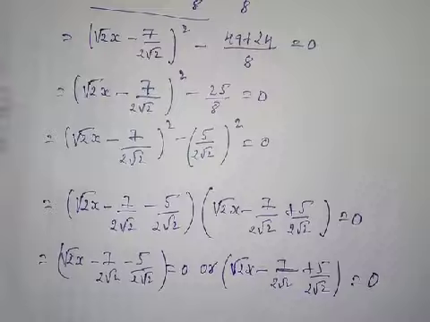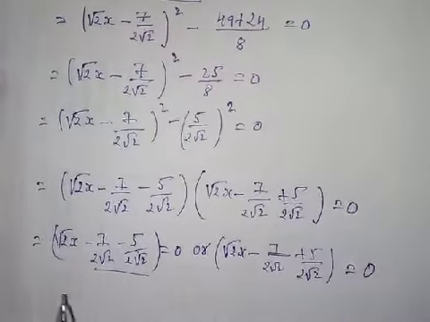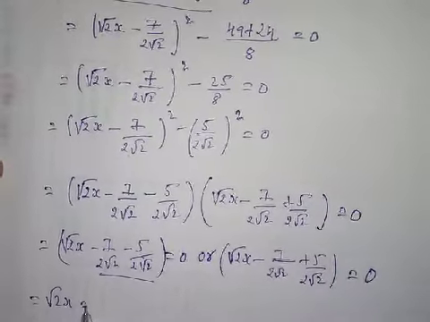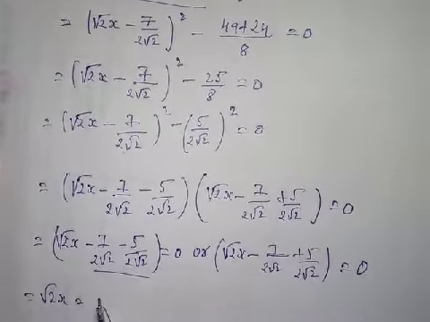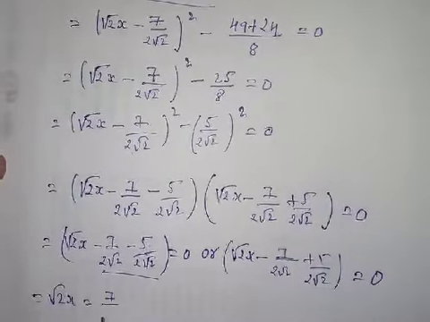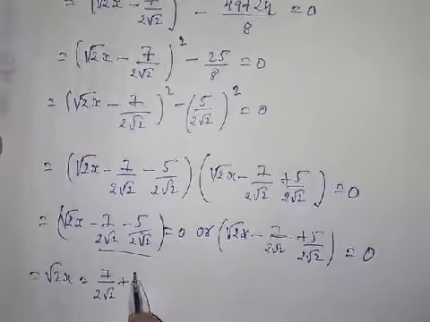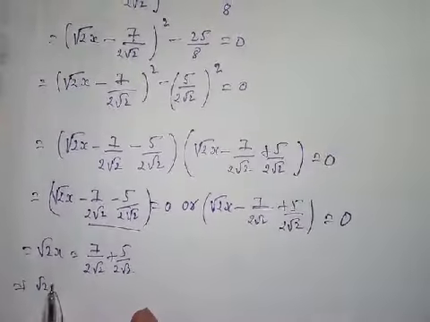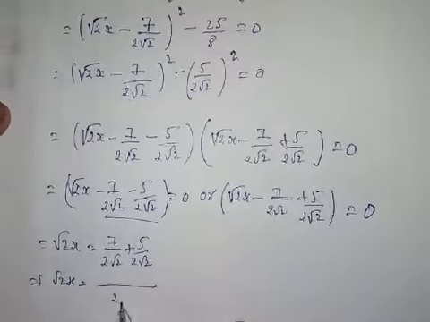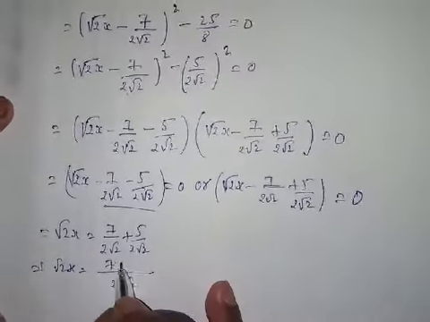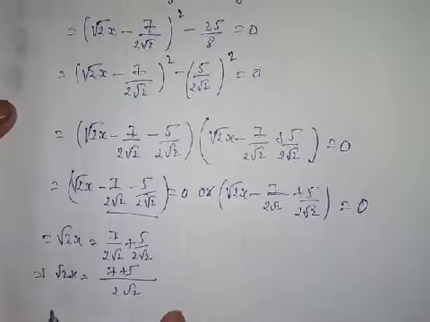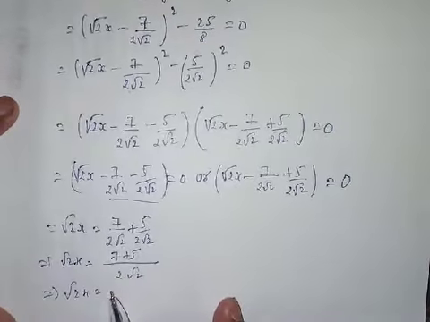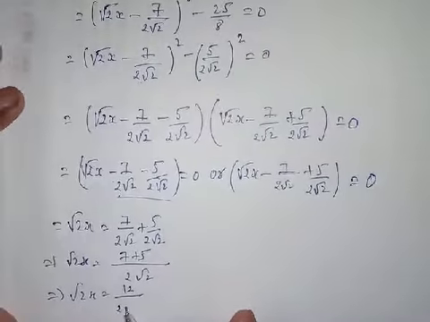So root 2x is equal to, the LCM is 2 root 2, 7 plus 5. What is 7 plus 5? 12. 12 upon 2 root 2.